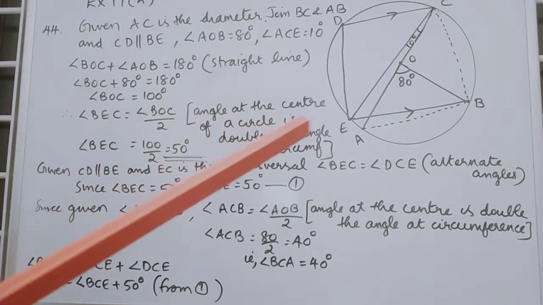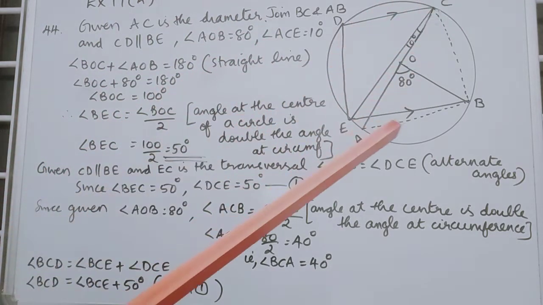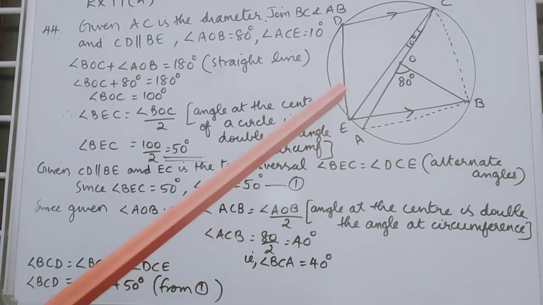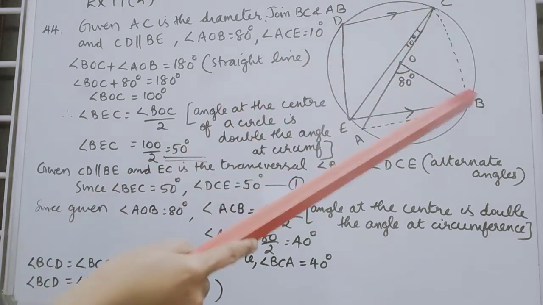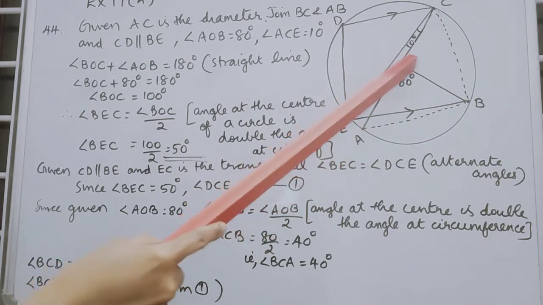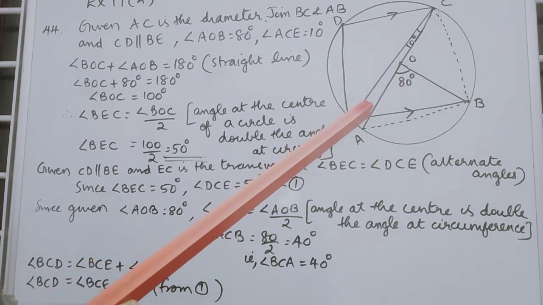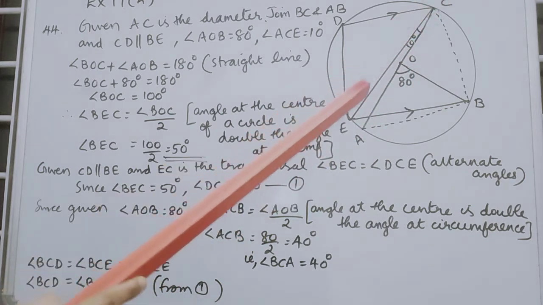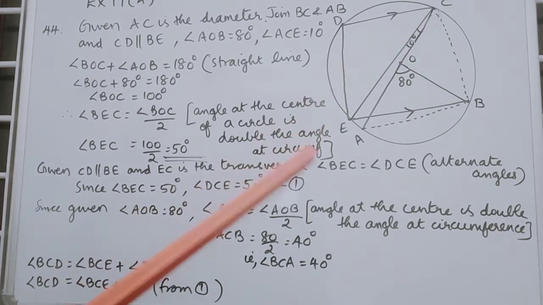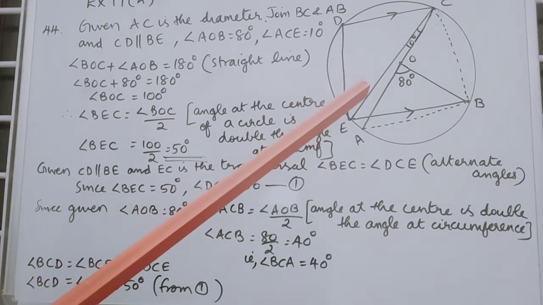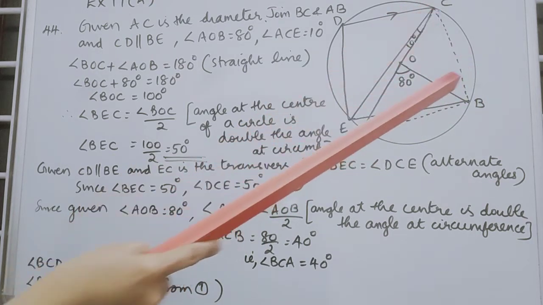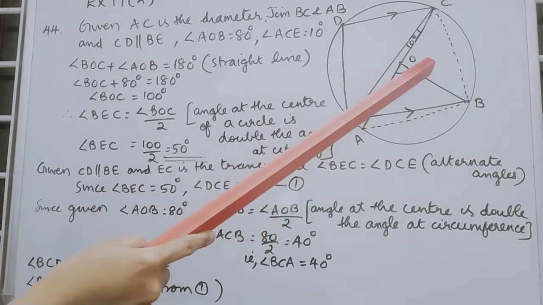Given AC is the diameter, join BC and AB. Also given CD parallel to BE, and given AOB is 80 degree and ACE, the small angle, is 10 degree. Since angle BOC plus angle AOB is equal to 180 degree.